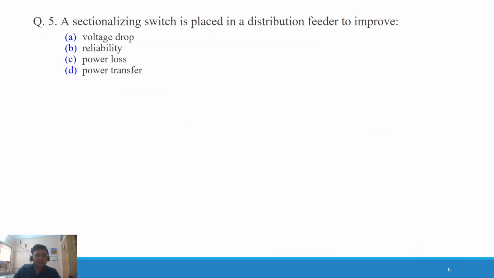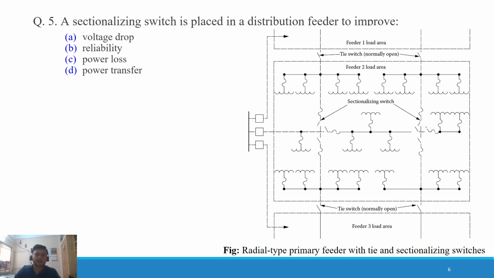The next problem is: a sectionalizing switch is placed in a distribution feeder to improve, and the options are voltage drop, reliability, power loss, and power transfer. If we see this layout of the primary distribution system, it consists of three feeders: feeder 1, feeder 2, and feeder 3.